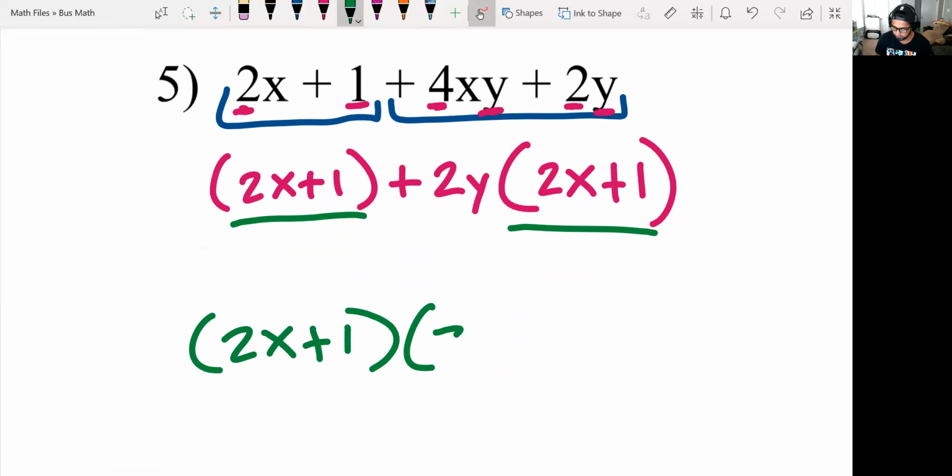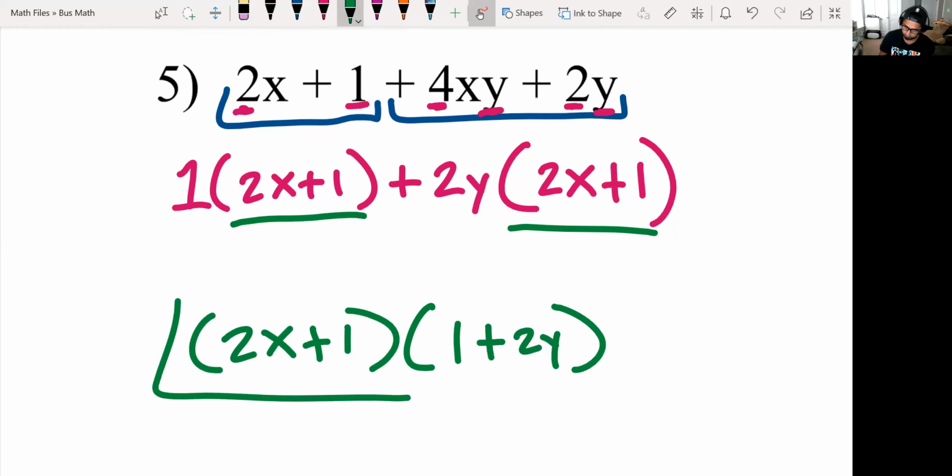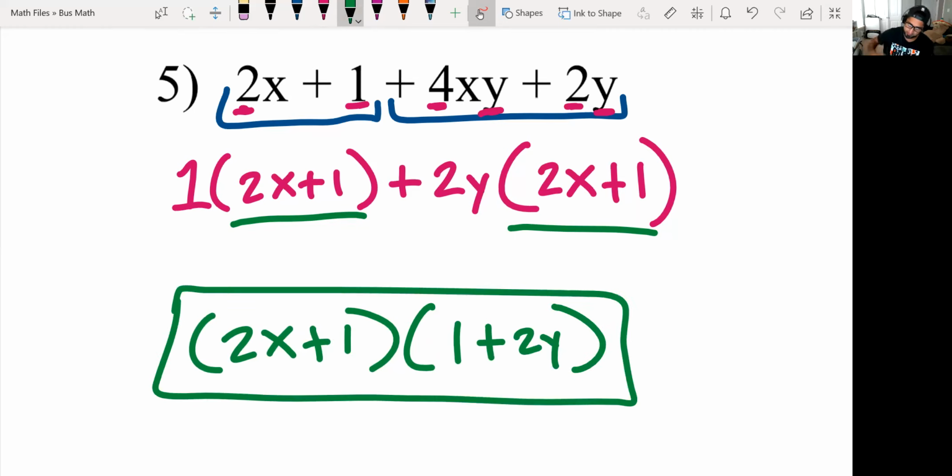And if you're thinking just 2y, that is incorrect. Because we always must account for the number that is in front of anything. And that number is a 1. So what's actually left over is 1 plus 2y. And that's it. Tricky, right? Makes you think.